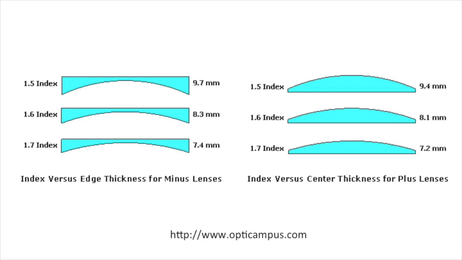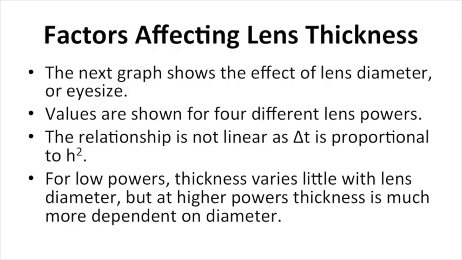The same occurs when we look at a plus lens, except the savings occur for center thickness. Again, if we go from a 1.5 index to a 1.7 index, we get over a 20% reduction in center thickness.